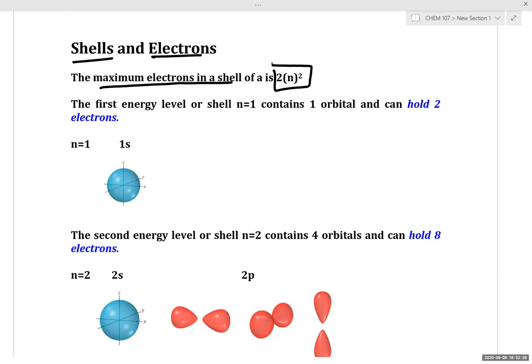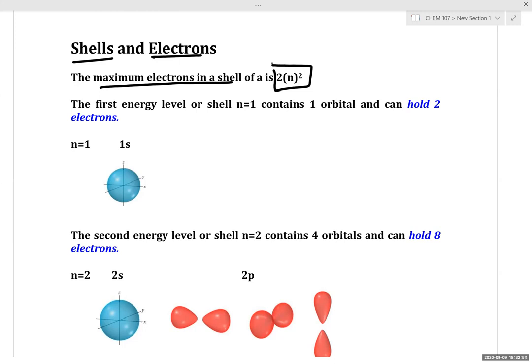I don't like that equation personally, because I find that if you get used to counting orbitals, it will help you remember and retain the orbitals in each shell, and it'll allow you to tackle later problems in this chapter more easily.